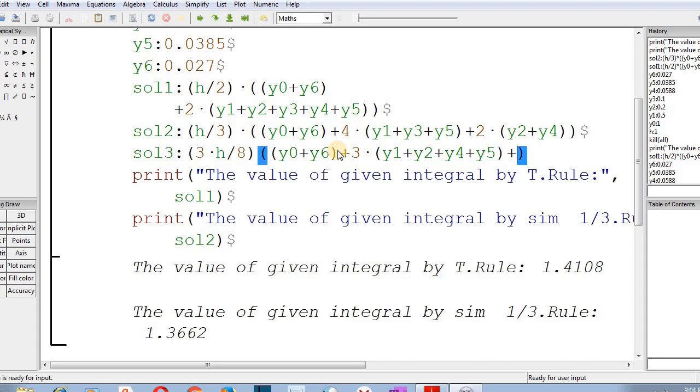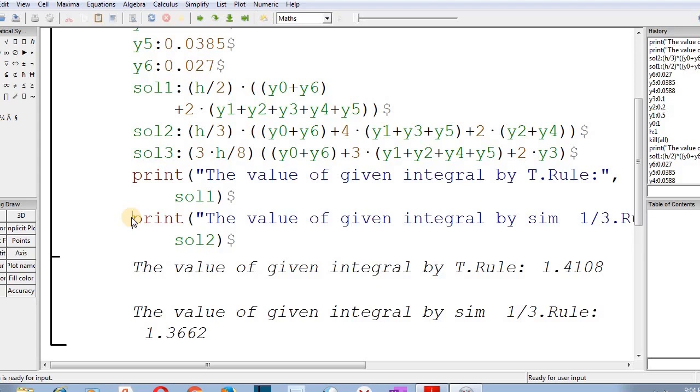Then another bracket, 2y3, since y3 is only one, that's why it is 2 times y3, and y6 is not there. Otherwise in the other complete bracket we will take y6 also. This is the third solution by the Simpson's 3/8 rule.